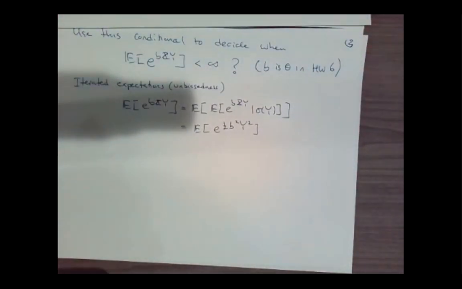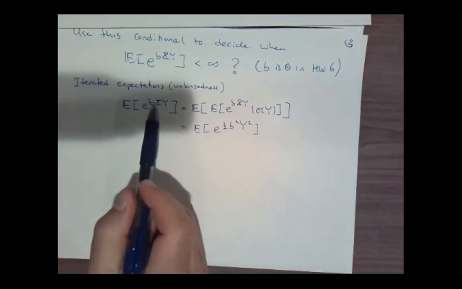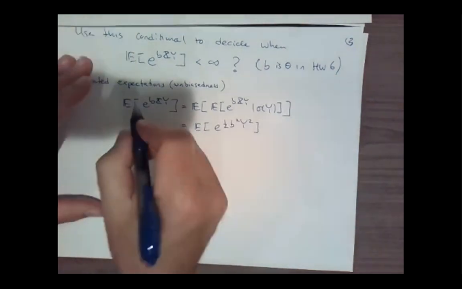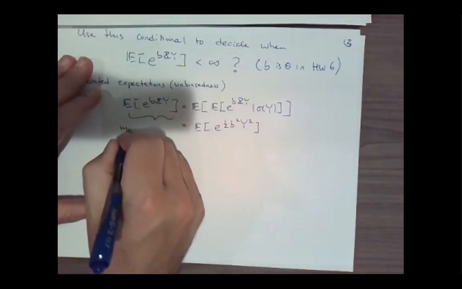So when is that finite? When is that finite? You can see what we're computing over here. This is the moment generating function for x times y.